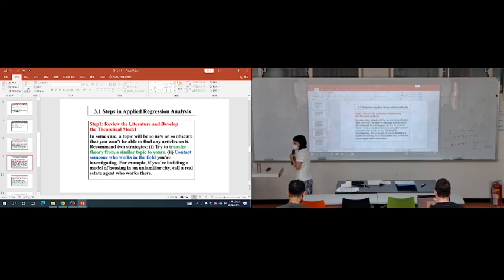There are a lot of new topics, since we don't want to do what many other researchers have done. For brand new topics, maybe you don't have any literature review, or very few. In that case, the authors say, try to transfer theory from a similar topic to yours, or contact someone who works in this field.